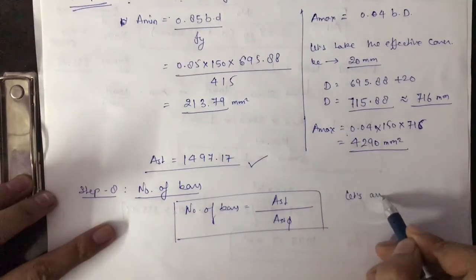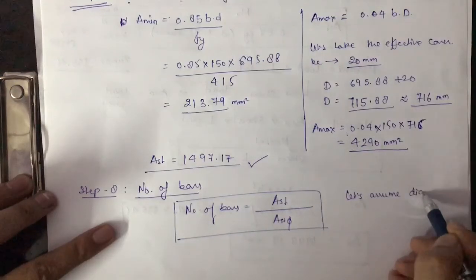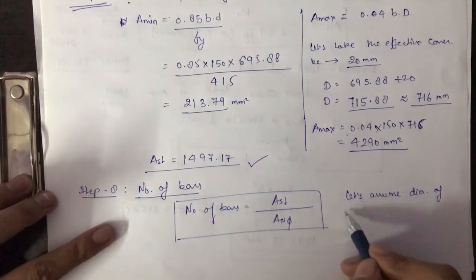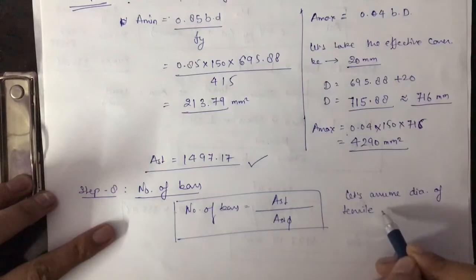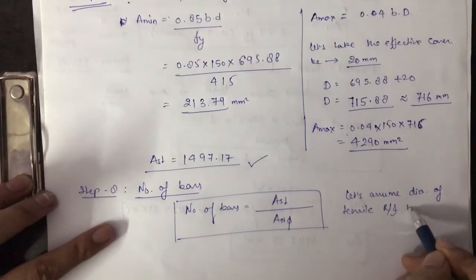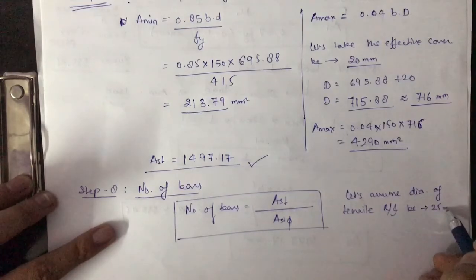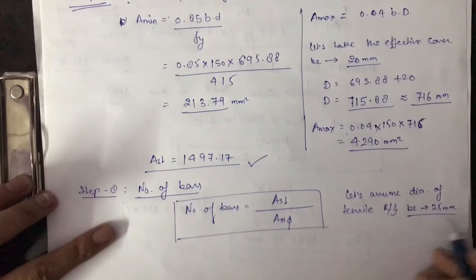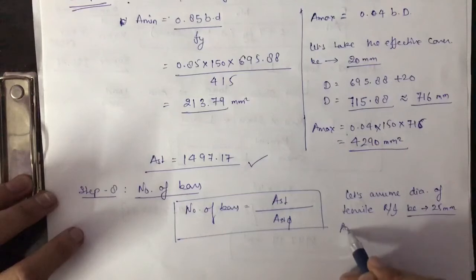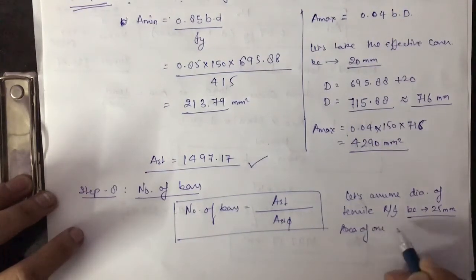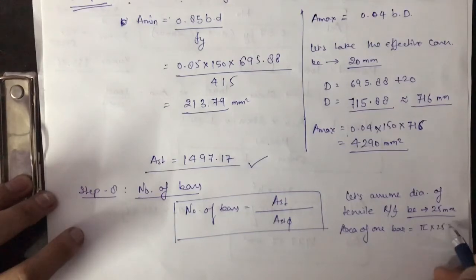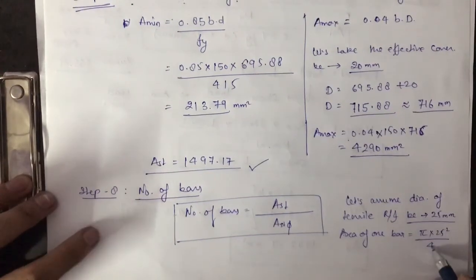Let's assume the diameter of tensile reinforcement to be 25 mm, then the area of one bar is equal to pi into 25 square upon 4.